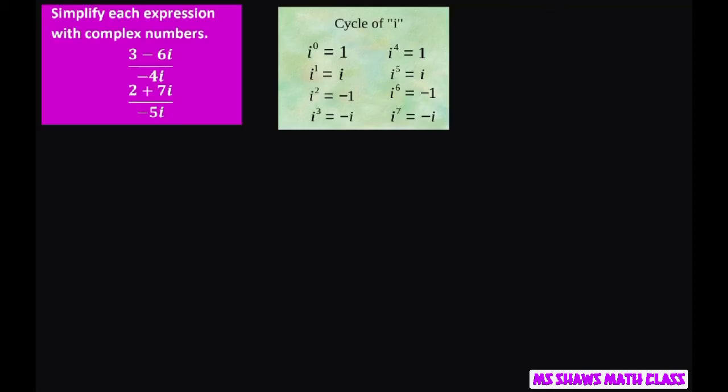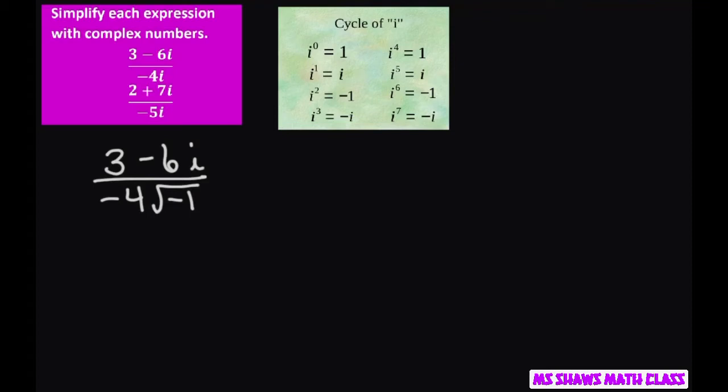So the first thing we want to do is realize that the first one is 3 minus 6i, and then you have negative 4i. Remember, i is the square root of negative 1. That means there's a radical in the denominator.